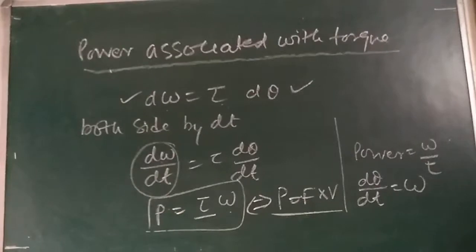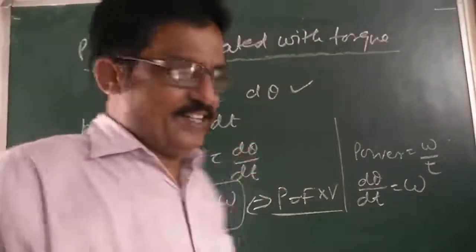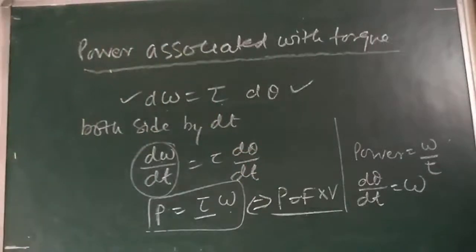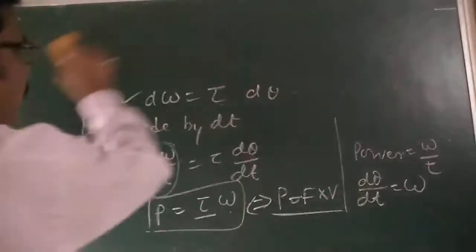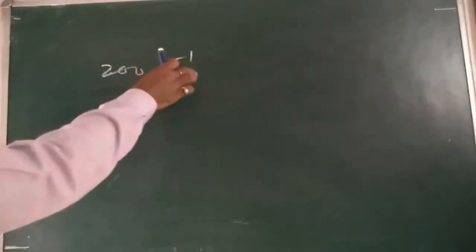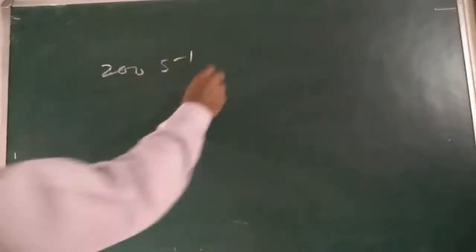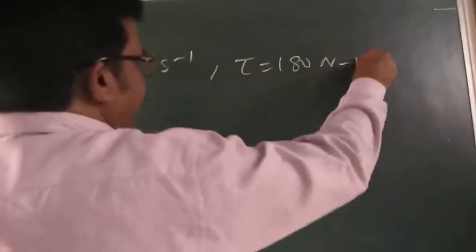So, my dear children, let me take a very small numerical for 1 mark. To maintain a rotor of uniform angular speed 200 per second, an engine needs to transmit a torque of 180 Newton meter.